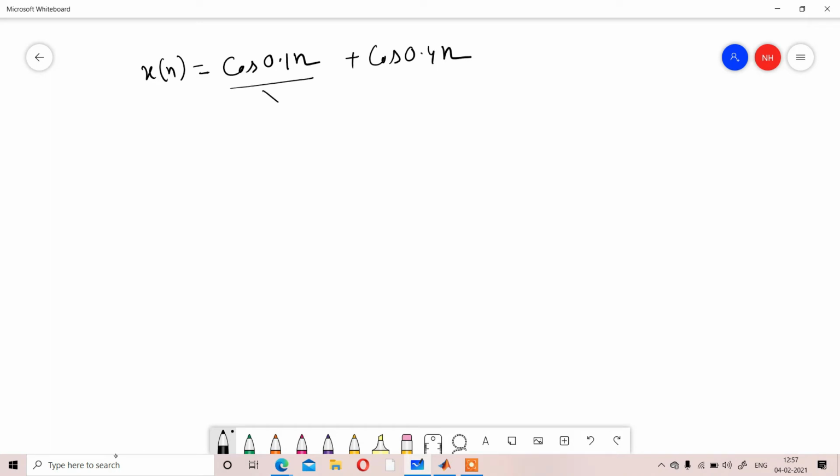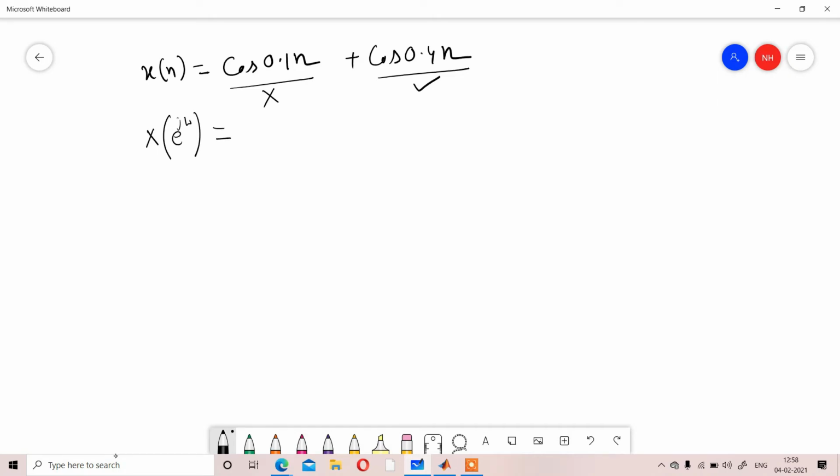That will be stop band, that will be pass band. Means we are going to pass cos 0.4 n, we are going to stop cos 0.1 n. Okay, so with respect to that, simply first we will draw or simply calculate x e to the power j omega.